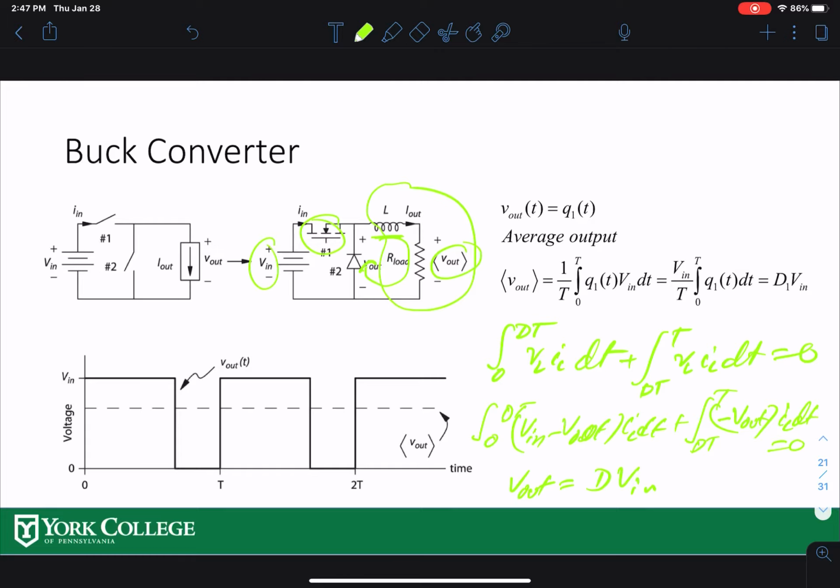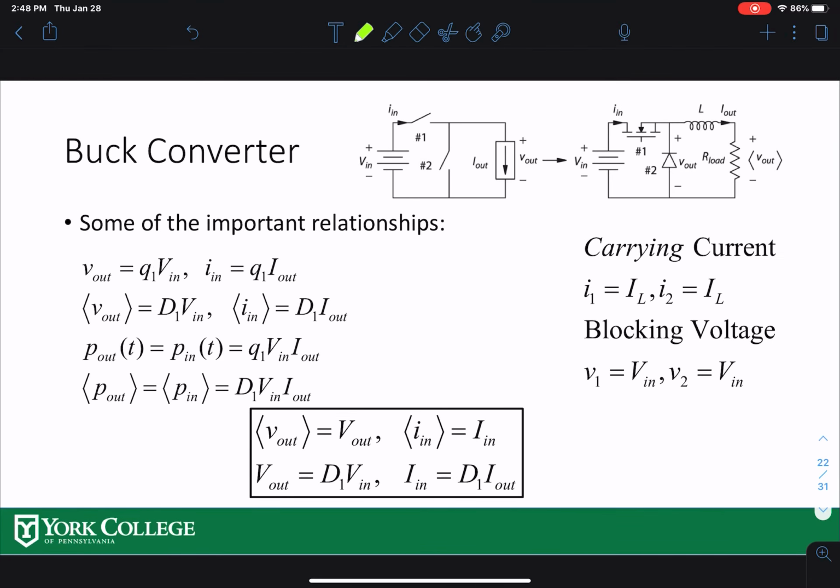Now, you can see that the only time your input is connected to output is when this switch is on. So only at that time is power transfer happening from input to output. So the output voltage should be the average value of how much this switch is on. V_out depends on how much Q1, or switch 1, is on. The average time Q1 is on gives the average voltage at the output.